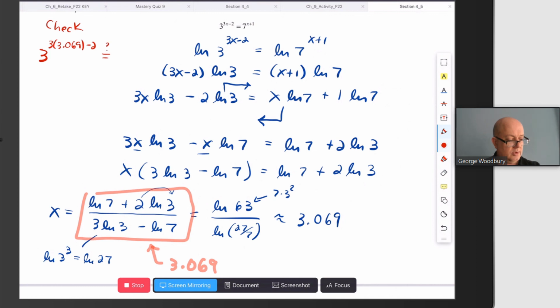Does that equal 7 to the 3.069 plus 1 power? It's probably easier to simplify the exponents on both sides. On the left-hand side, if you do 3 times 3.069 and then subtract 2, you get 7.207. On the right side, adding 1 to that number gives us 7 to the 4.069. And then you could just evaluate both on your calculator to see if they're close or not.